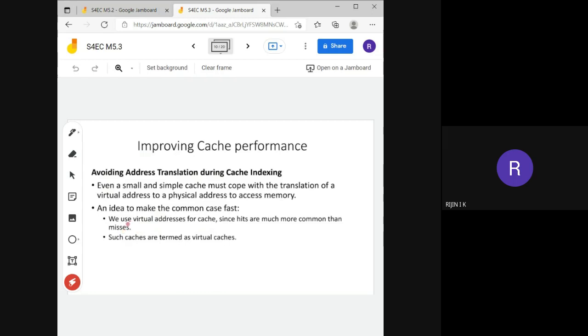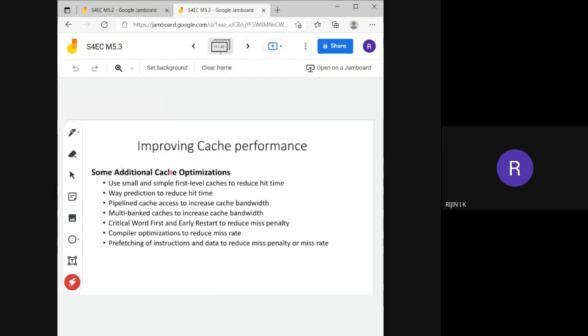By doing so, we can avoid the address translation time during cache indexing, because hits are much more common than misses. Such caches are termed virtual caches. So by using virtual caches, we can avoid address translation during cache indexing, and that will improve the cache performance.